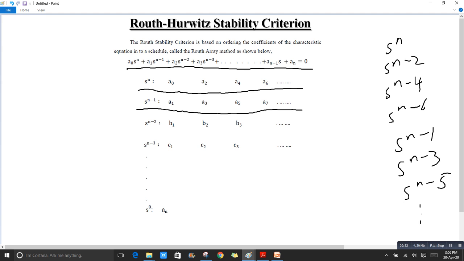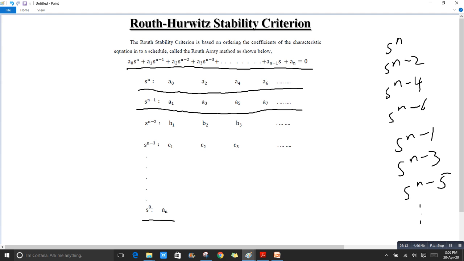The other rows of a Routh array, up to the s^0 row, can be formed by the following procedure. Each row of a Routh array is constructed by using the elements of the previous two rows.